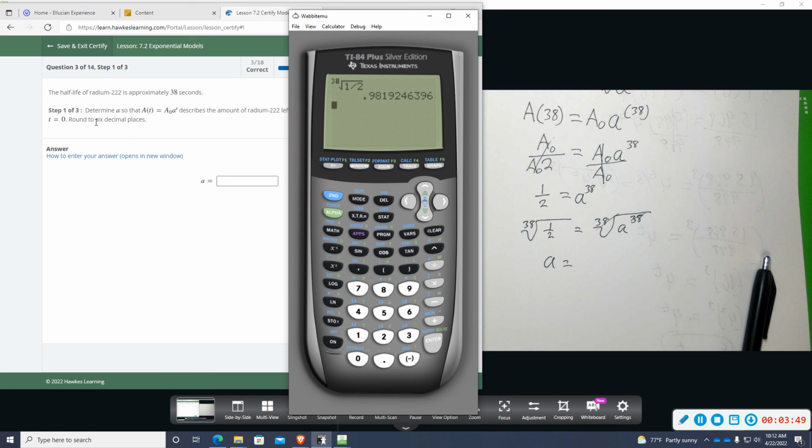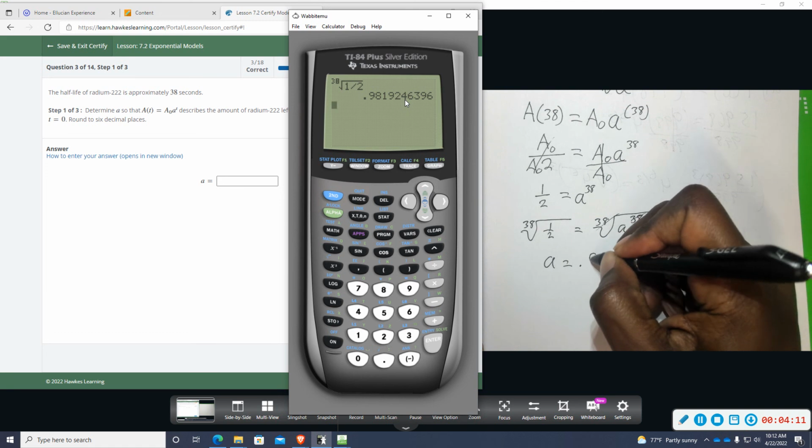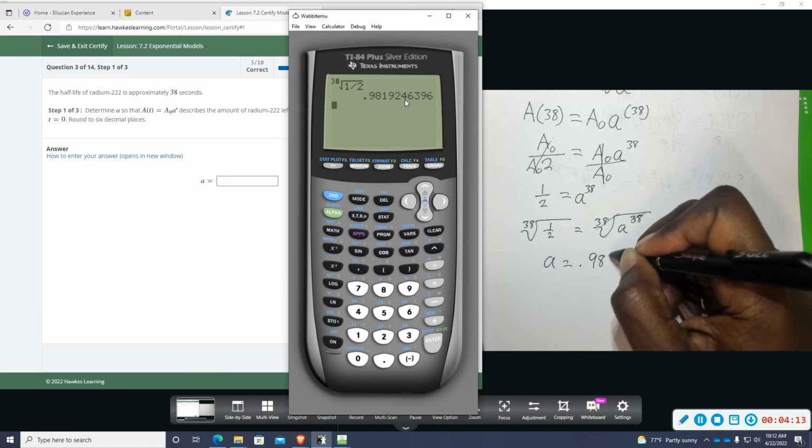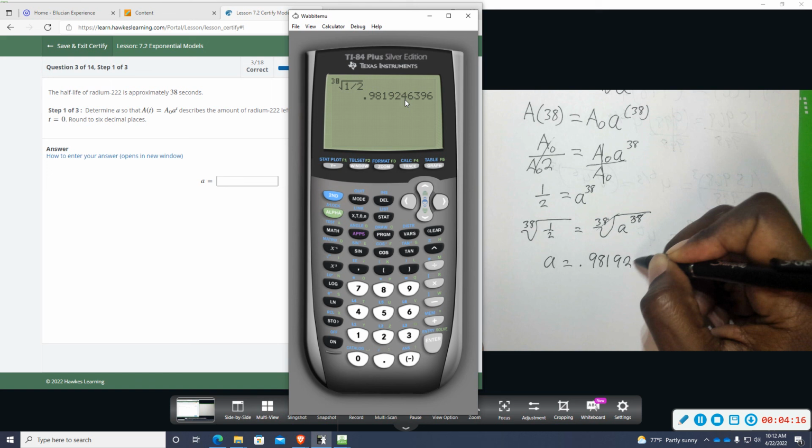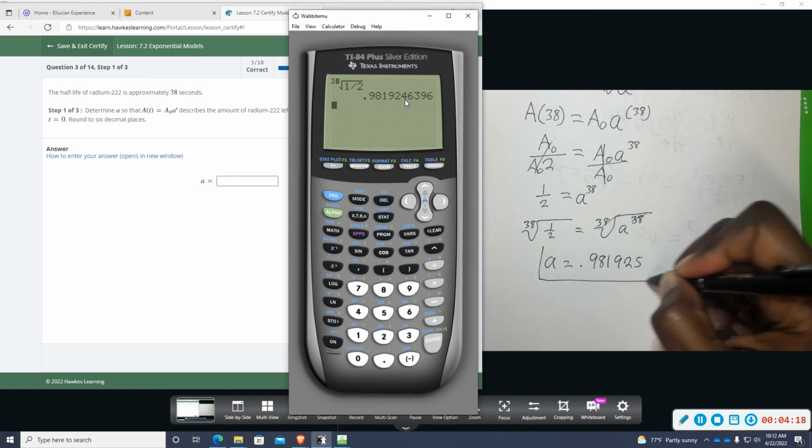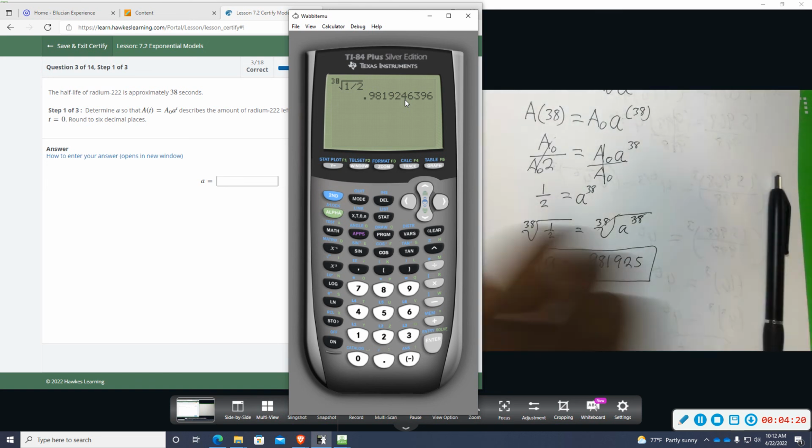We want to round to 6 decimal places, so 1, 2, 3, 4, 5, 6. This is my 6th place. You have to look at the 7th to determine if this rounds up or not. Since this is a 5 or bigger, this will round up. So my answer is going to be 0.981925. This is our approximation for a in 6 decimal places.